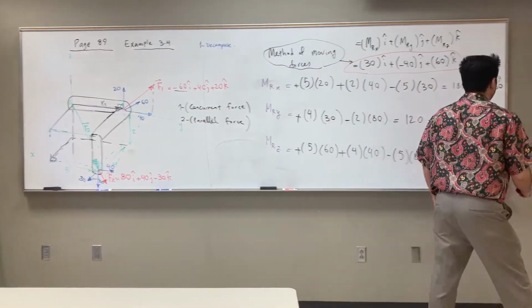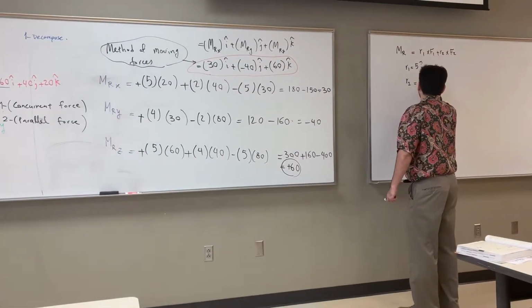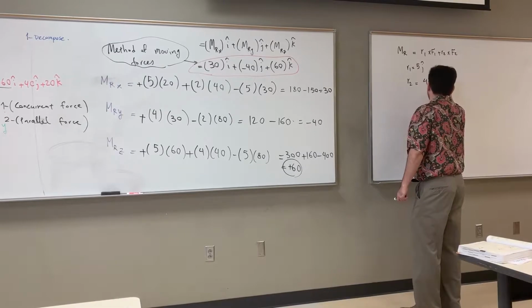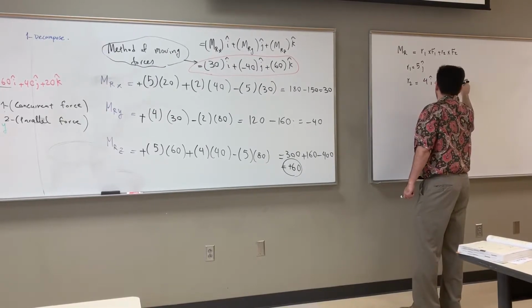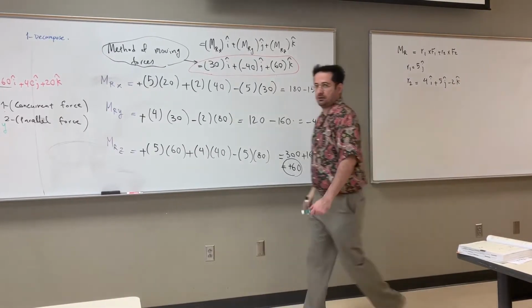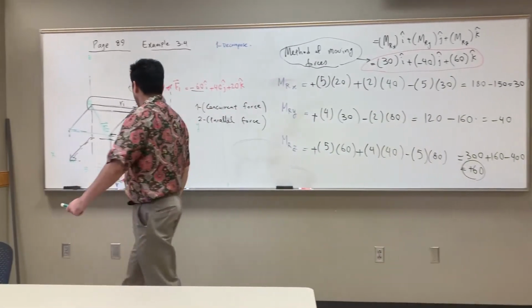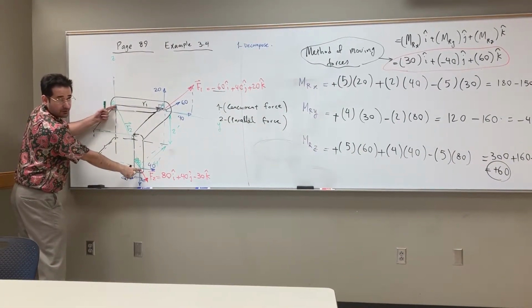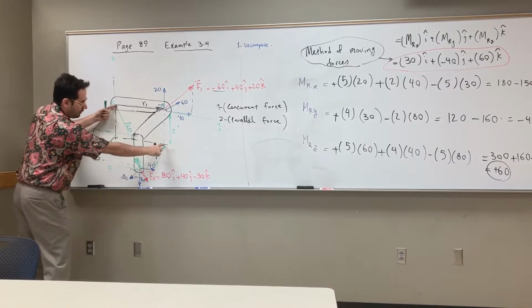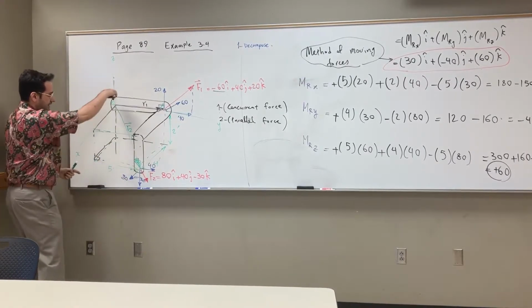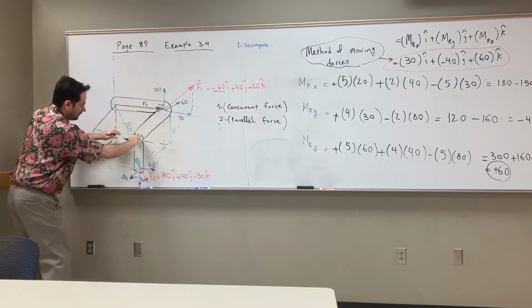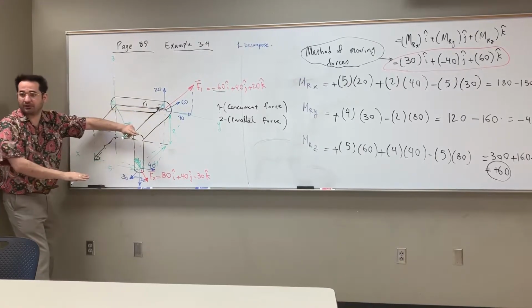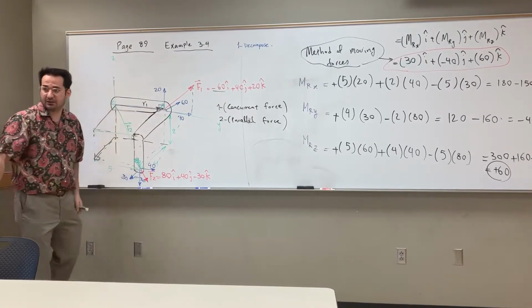It's 4i plus 5j negative 2k. You see that? This point, with respect to this point, has 4i, 5j, and negative 2k, because this is below the XY plane, so it's negative. You see that?